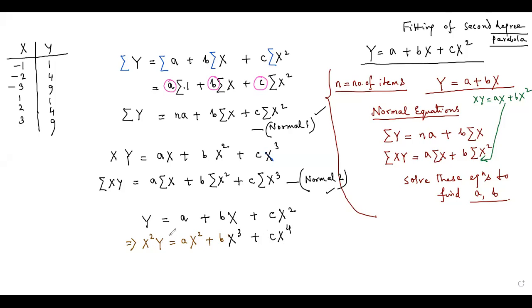First I multiply by x squared, and then I apply summation on both sides. So we get summation x squared y is equal to a summation x squared plus b summation x cube plus c summation x to the power 4. This I write as normal equation 3.